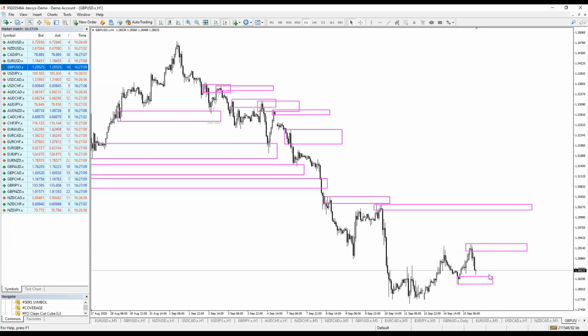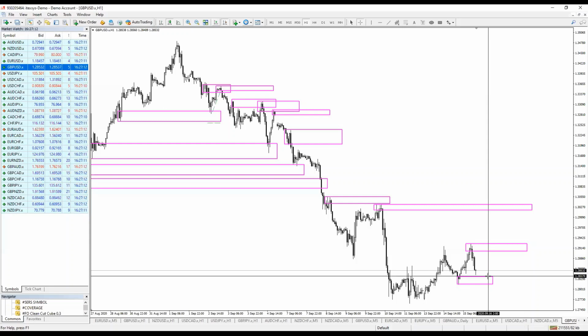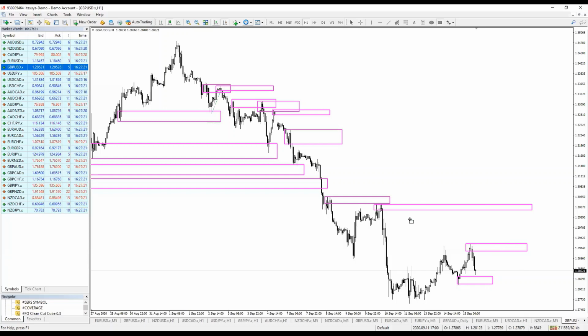So that would be a good entry point to take a buy, and I would try to go and sell at the conservative level of supply right about here on these lows, and maybe leave a portion to go all the way up here, because price can be rejected from anywhere if it wants to return to these lower lows.